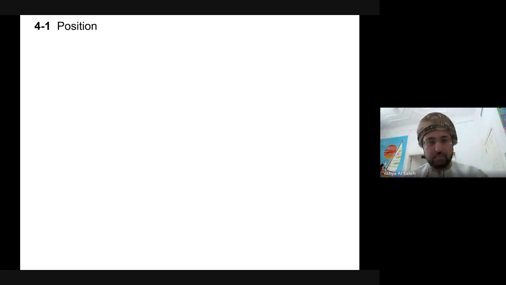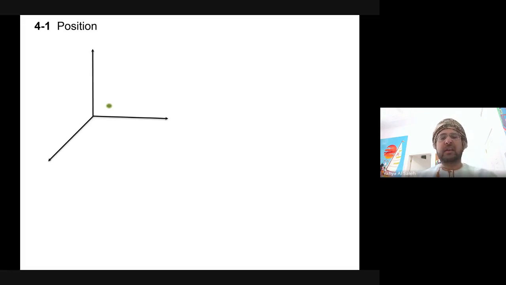Position. Instead of just a number, we were dealing with numbers before because we were looking at a number line. But now let's look at it in real space, 2 and 3 dimensional space. If I have my position in an XYZ plane, how do I describe my position?